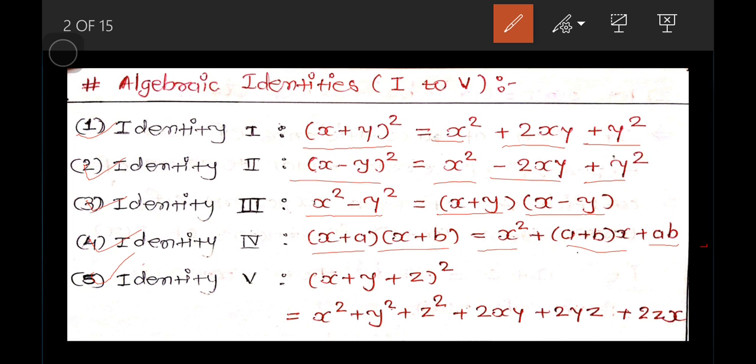So in this lecture we remember these 5 identities as given here. Let us use these algebraic identities and solve some examples. So let us understand with examples.